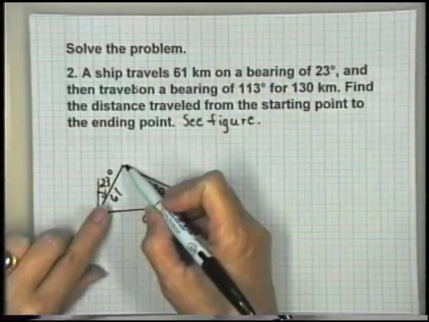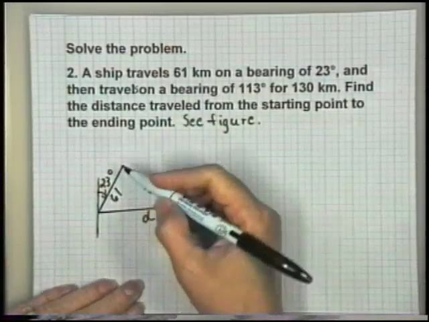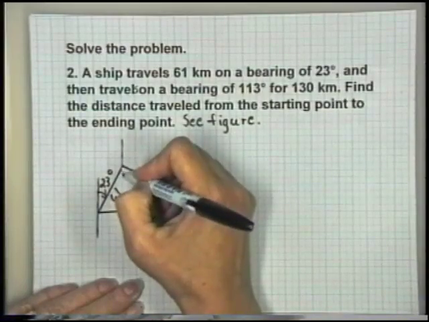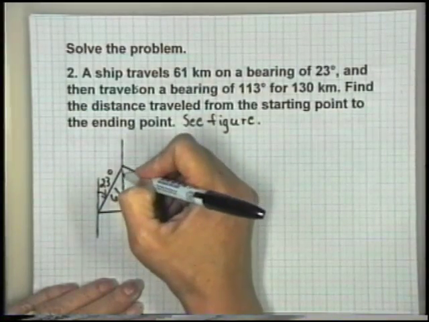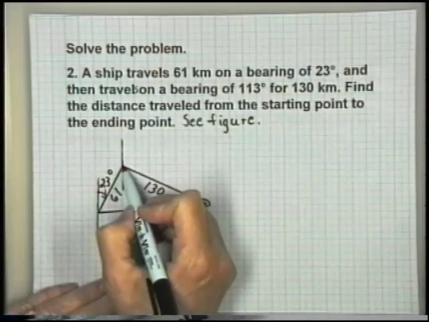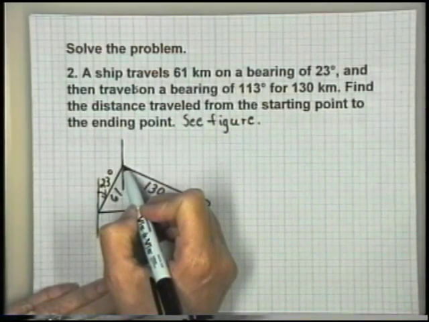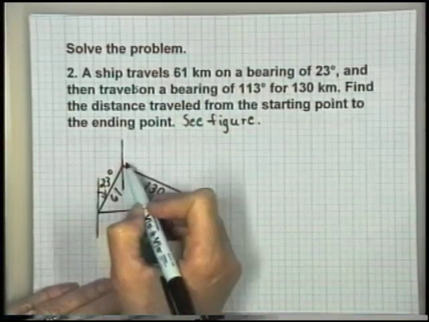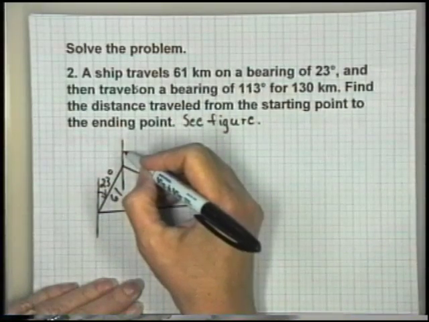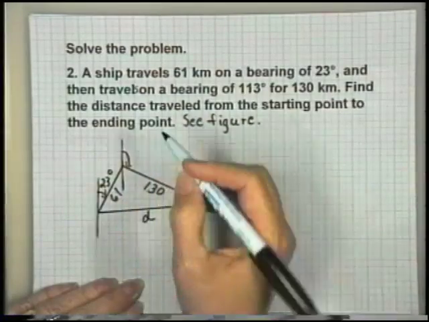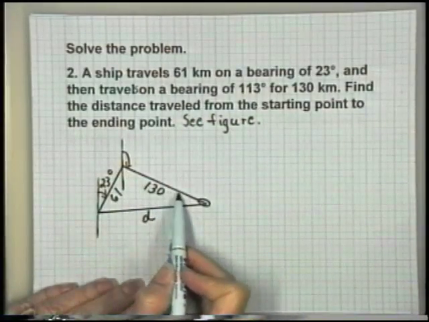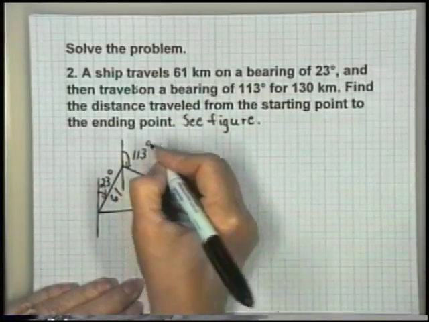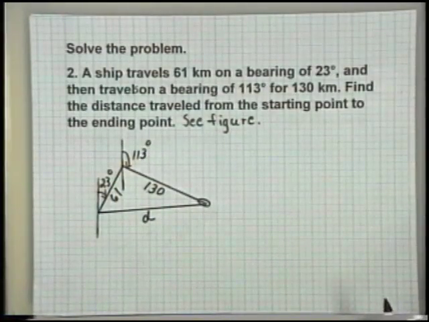And so let's go on up to this next point where I'm given another bearing. And once again, I like to sketch that north-south line. And what I know is at this point, the ship turned and started on a bearing of 113 degrees. So that means that this angle from due north to the line that the ship is traveling on is 113 degrees.